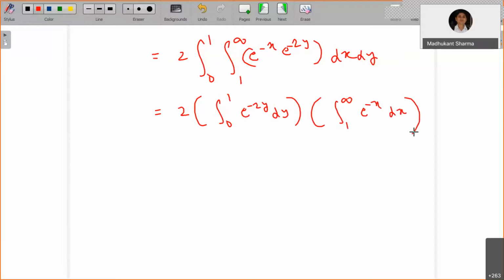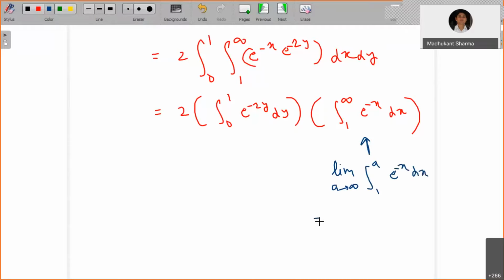I can write it in this form because the limits are constant, though it is a very large number, a fixed constant. Now you can find each integral separately. This one is an improper integral, so you certainly have to take the limit as a tends to infinity of the integration from 1 to a of e to the power minus x dx.